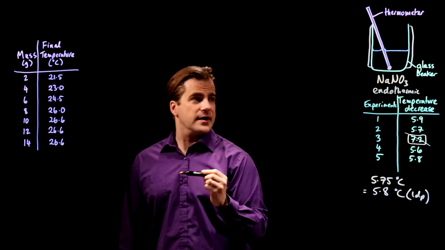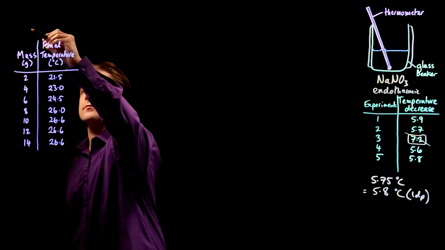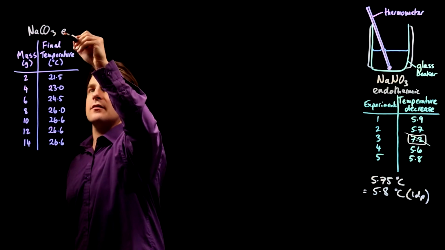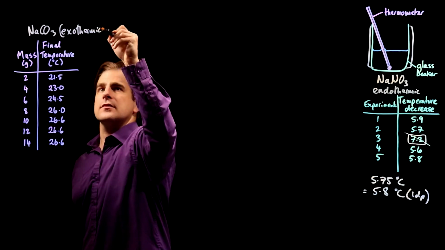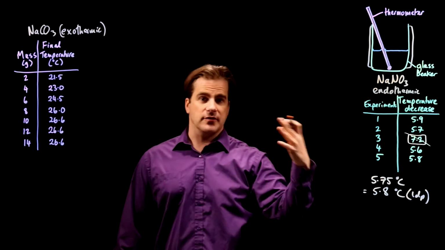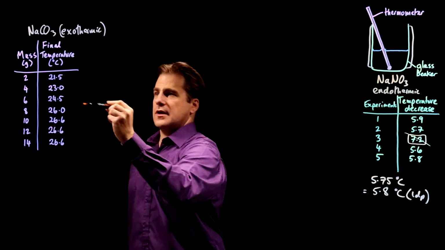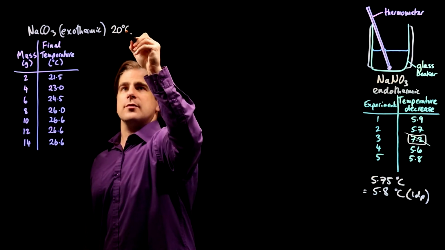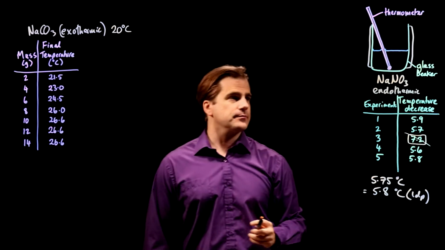You do the experiment again with sodium carbonate. Okay, it turns out that that is exothermic. Exothermic means it releases heat energy to the environment, and therefore you're starting with a temperature of 20 degrees C. The temperature rises to these temperatures here.